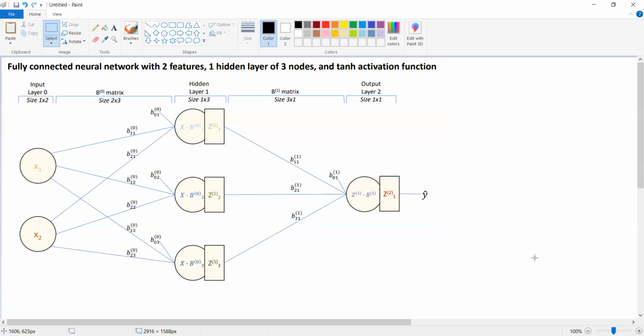All right, so this is part of a file I put in the helpful stuff. The whole file is here, and it's color-coded, a very simple, fully connected neural network with two features, X1 and X2. One hidden layer of 3 nodes, so there are 3 nodes here, Z1, Z2, and Z3, and a hyperbolic tangent, which I wrote as tanh activation function.